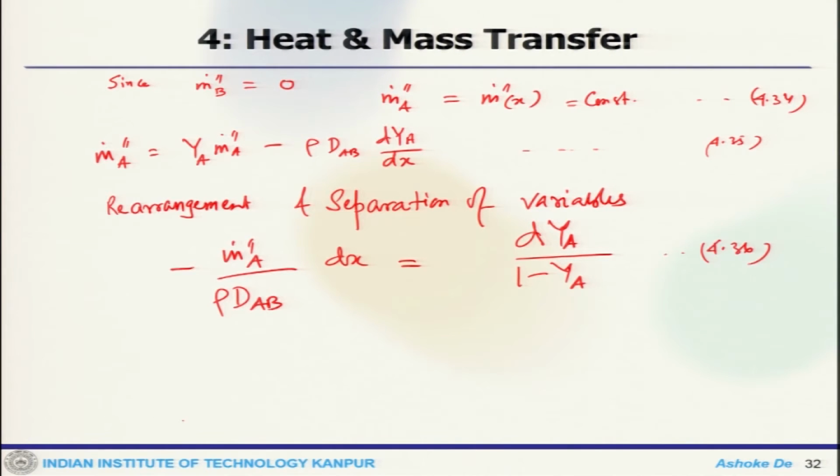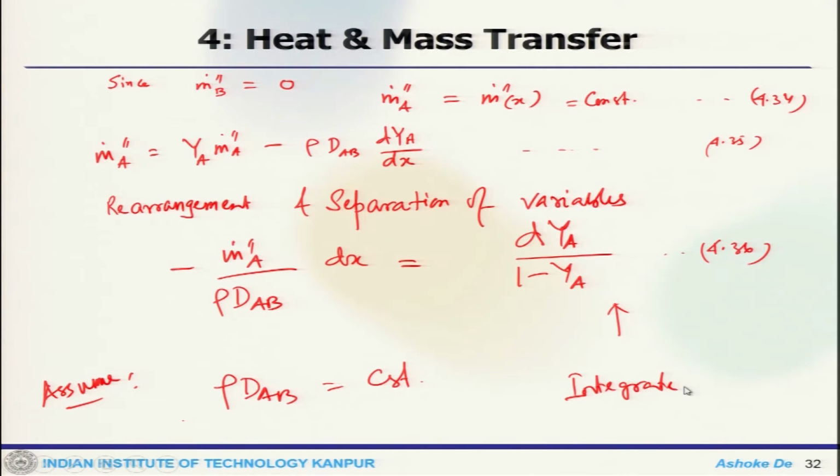Now, if we assume rho D A B to be constant, so that one may assume. If that is constant, then we can integrate this equation.